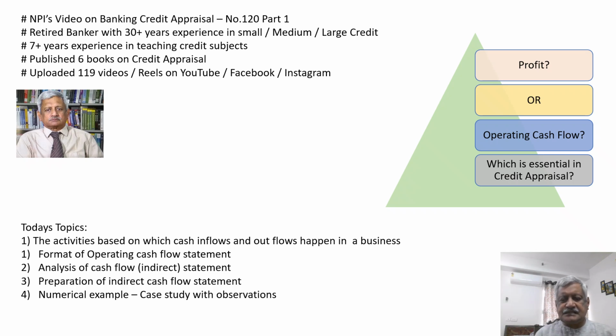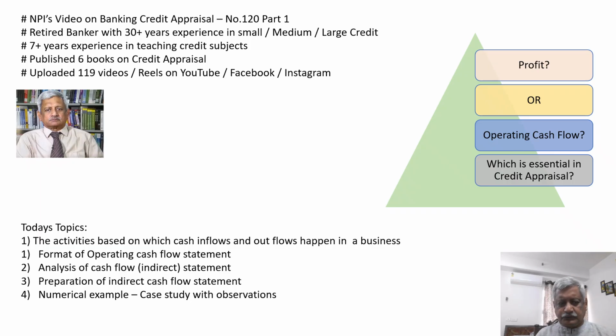Today's discussion point, in video number 120, which is part 1, is: while undertaking a credit appraisal of a project, whether the credit appraisal officer should look at the profit or look at the operating cash flow.